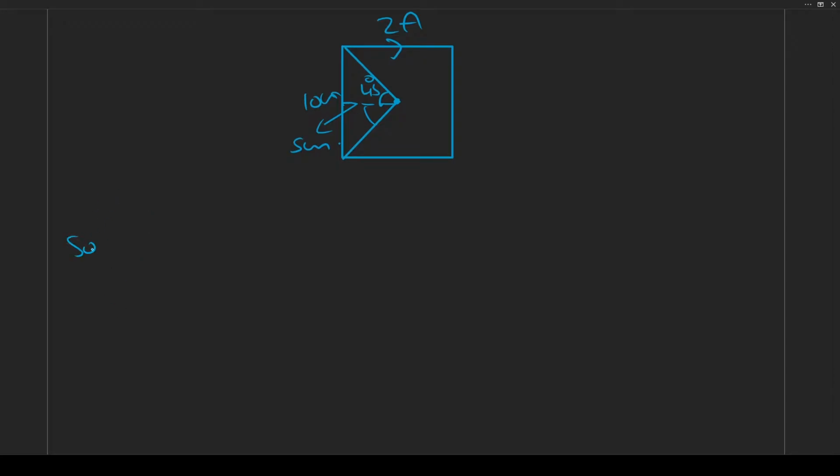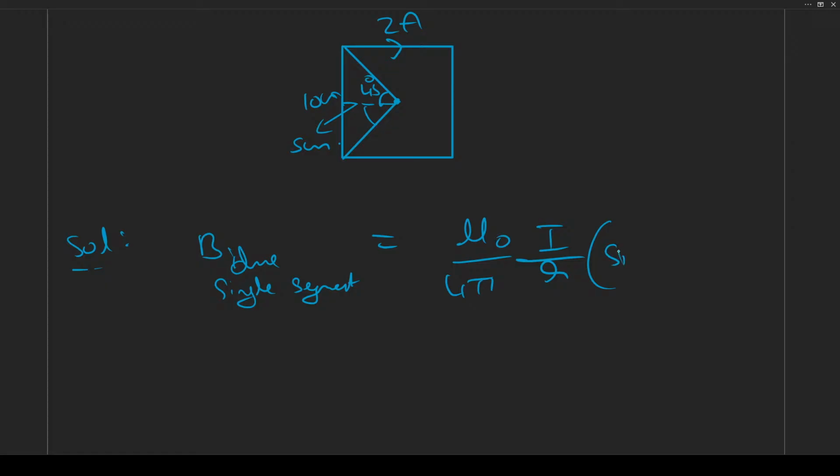So the solution: B due to a single segment is equal to mu naught by 4 pi, I by R, sine alpha plus sine beta, here 2 sine 45 degree.